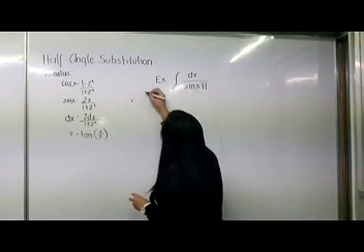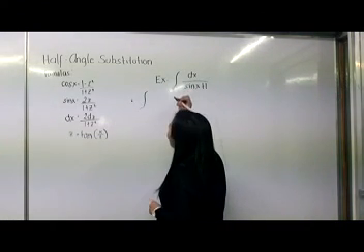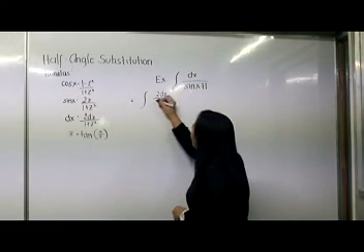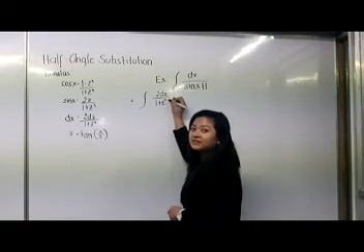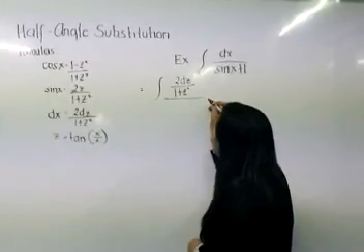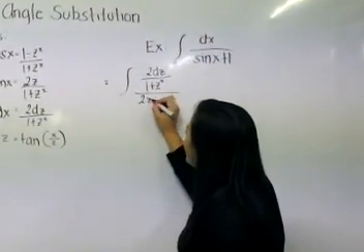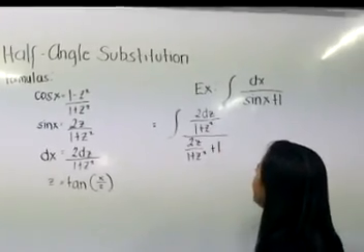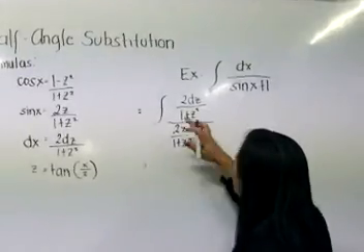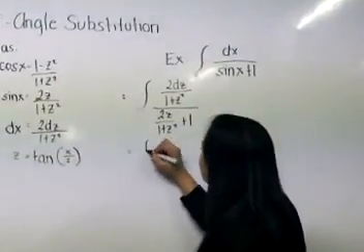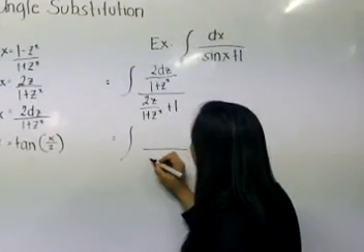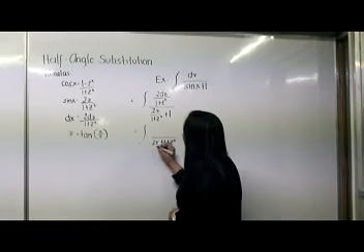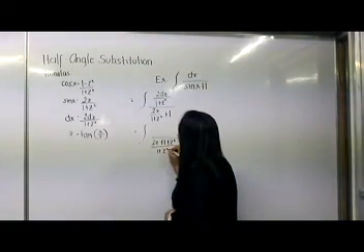So we have the integral of 2dz all over 1 plus z squared, over 2z over 1 plus z squared plus 1. Then we should simplify the denominator as 2z plus 1 plus z squared over 1 plus z squared.